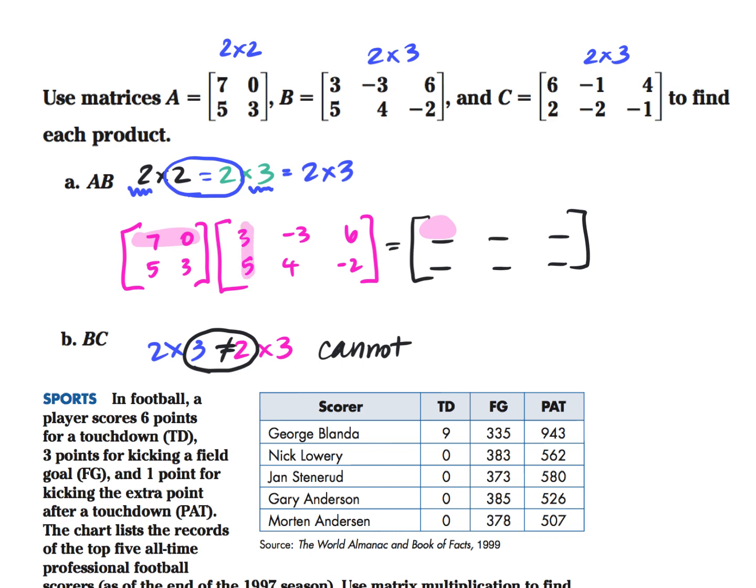This is what we started on Friday. Let's see if we can remember. We take the first thing on each of the row and column and multiply them. What's 7 times 3? 21. 21 plus 0 times 5? 0. So 21 plus 0 is 21.